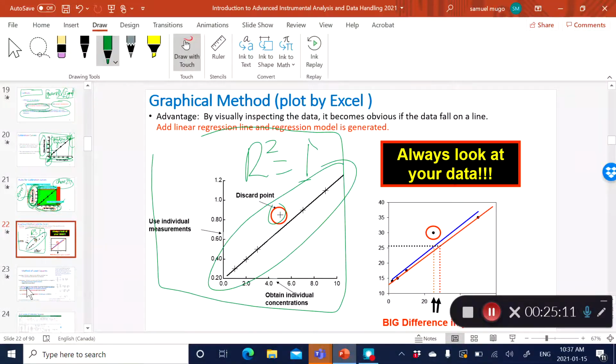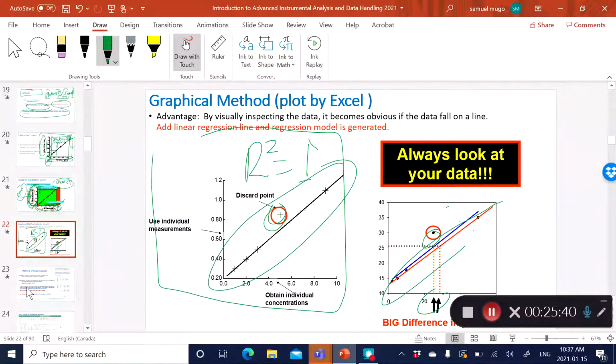So what do you do if at all you've got that kind of a situation? You can see the importance of this, because if you keep that data point, now you can see the regression lines are very, very different, meaning the concentration of the unknown that you're going to determine is very, very different.